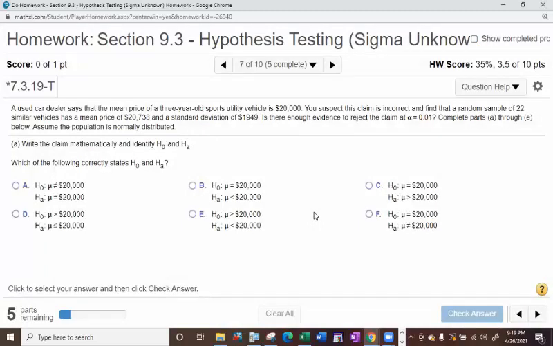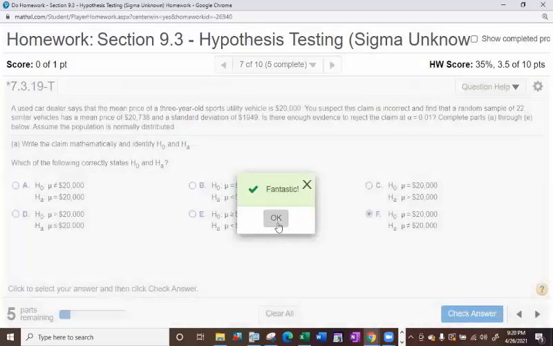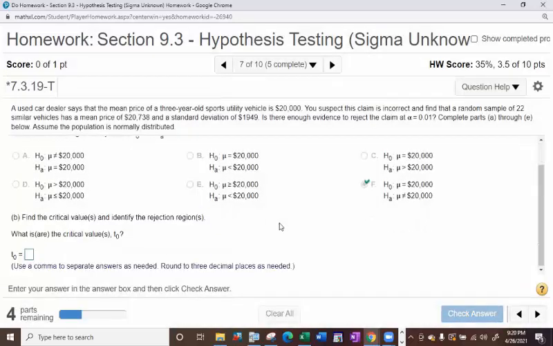All righty, let's see what we got here. It's 20,000. There's our key. Equal, not equal. Remember, equal has got to be in the right spot, doesn't it? Equal has to be the H0. And boom. Critical values, two of them. Alpha's 0.01, two-tailed, 22 vehicles, 21 degrees of freedom.